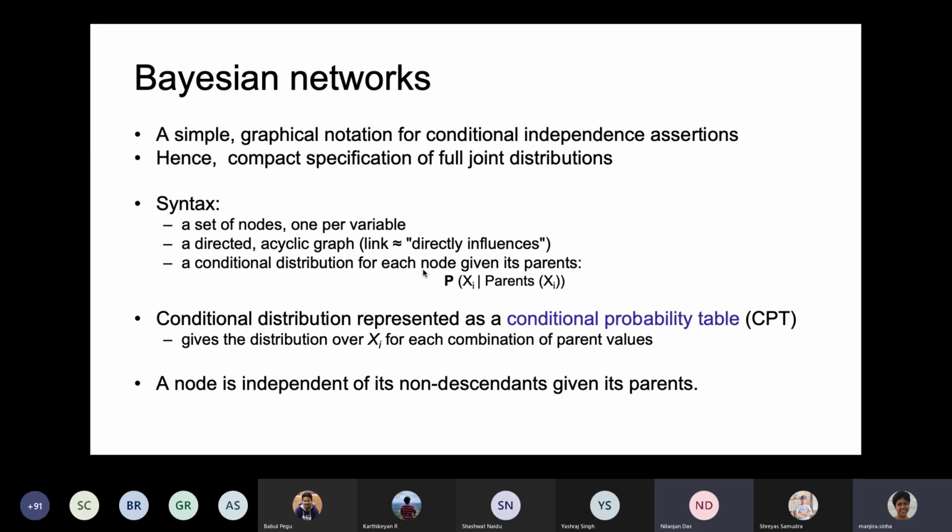So instead of working with all the joint distributions, via this type of graph construction we can restrict ourselves to only the part of the conditional independences that we need to find out. The syntax of a Bayesian network is a set of nodes, one per random variable, and a directed acyclic graph where links indicate which variables are directly influencing which variables.